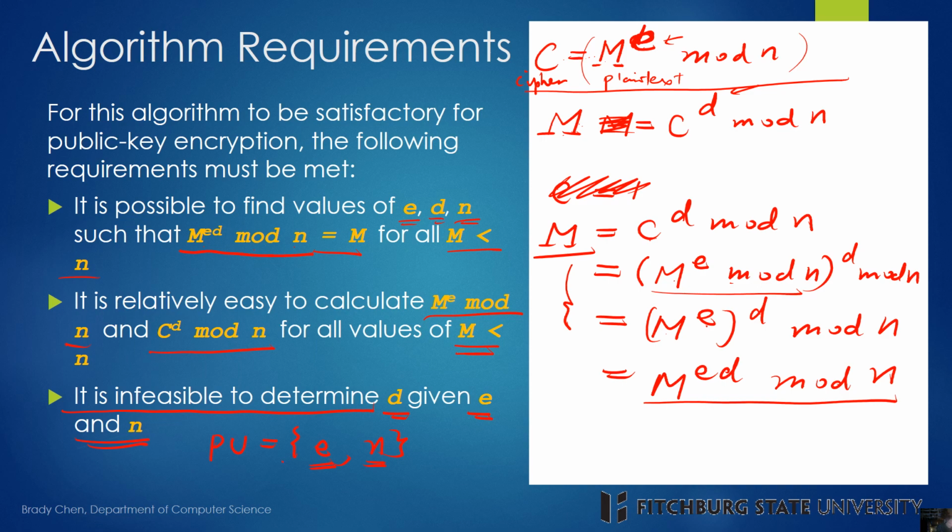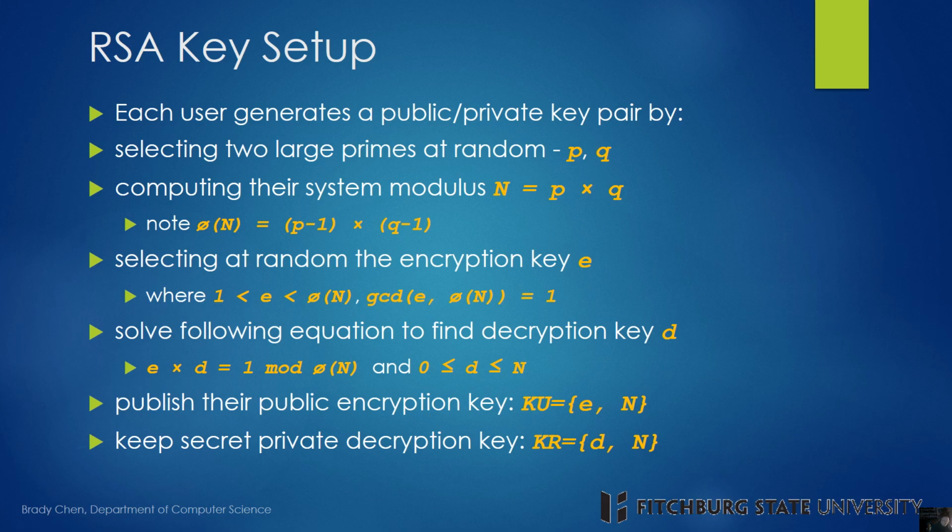Now, we should choose E and D such that even though people know E and N, they still cannot determine the value D. So that's an important part of RSA. The encryption and decryption for RSA are very simple, relatively easy.